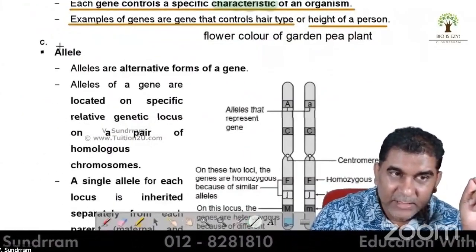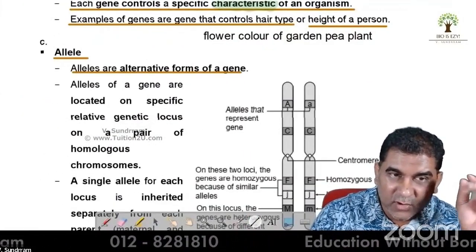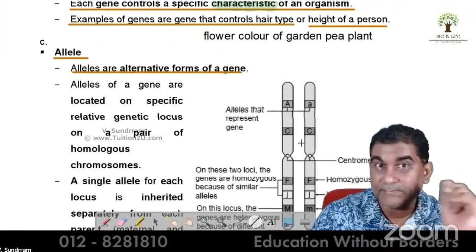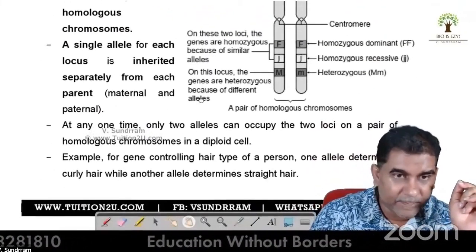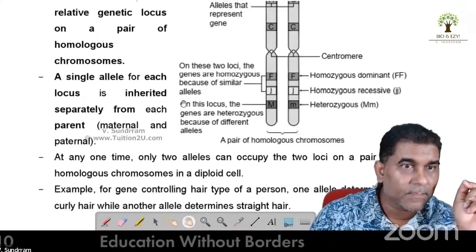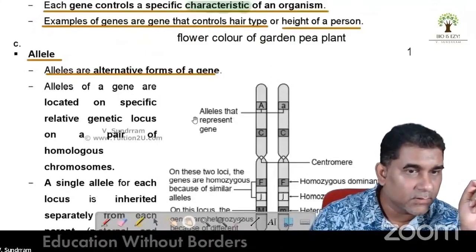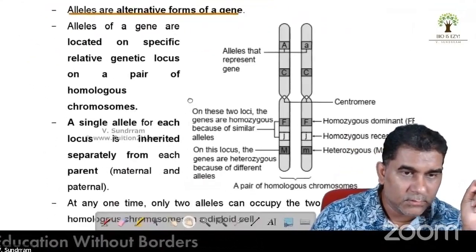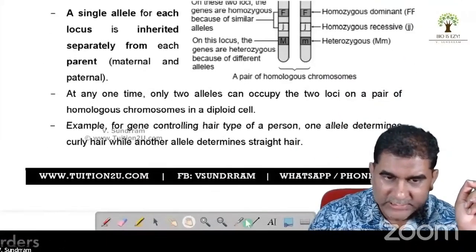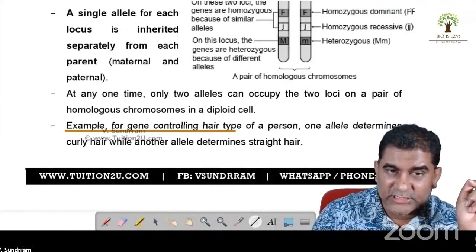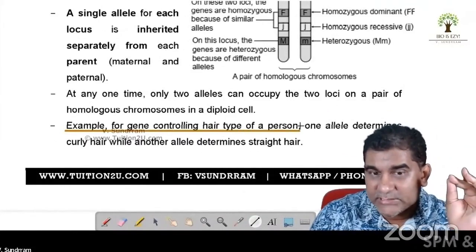So that's the next one. Alleles are alternative forms of a gene. Alternative forms of a gene, and should have a word here. Okay, example for gene controlling type of hair of a person.